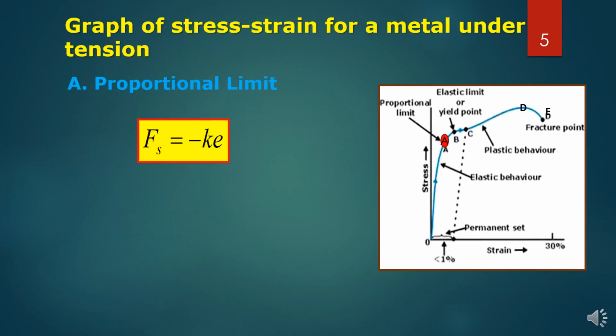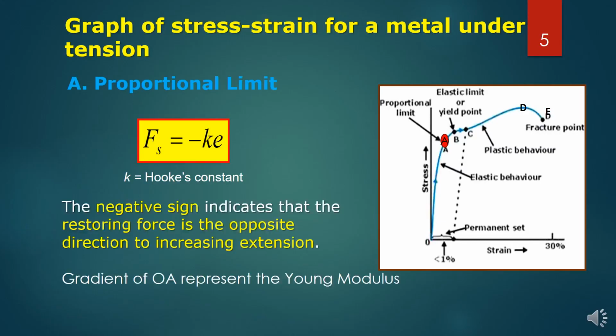From Hooke's law, Fs equals negative Ke. Fs stands for restoring force, k stands for Hooke's constant, and e stands for the extension. The negative sign indicates that the restoring force is in the opposite direction to the increase of extension.